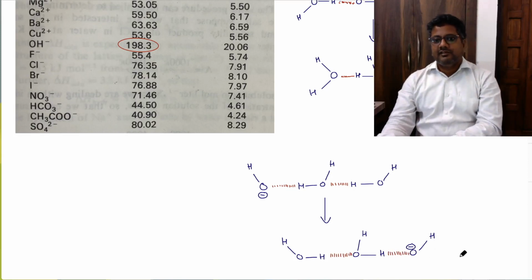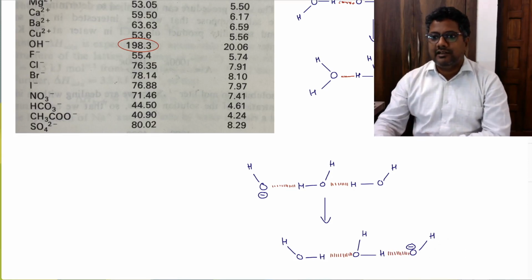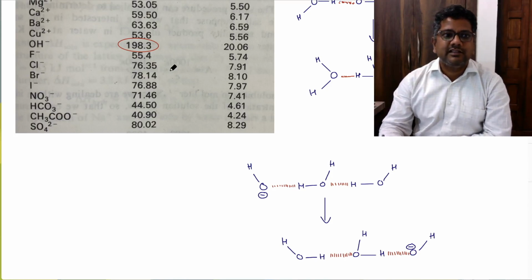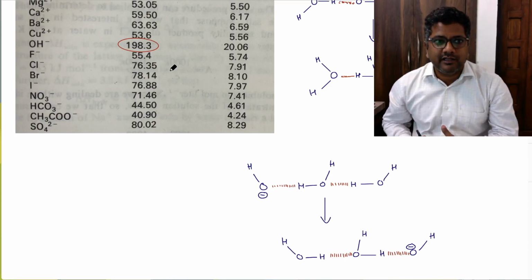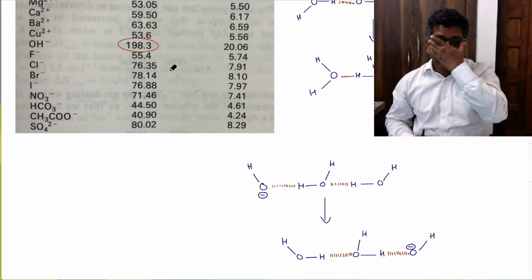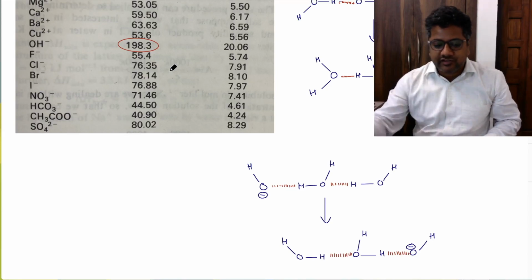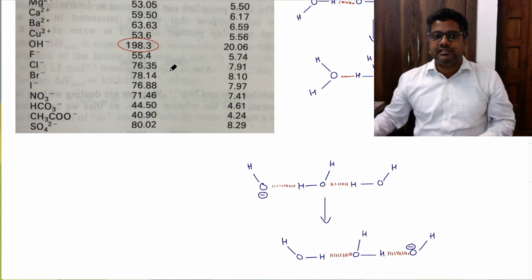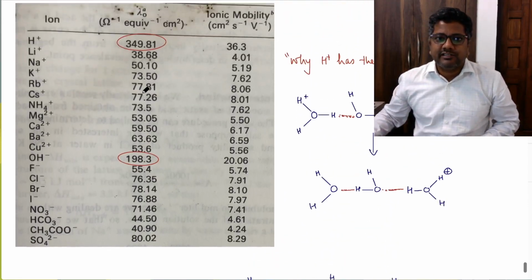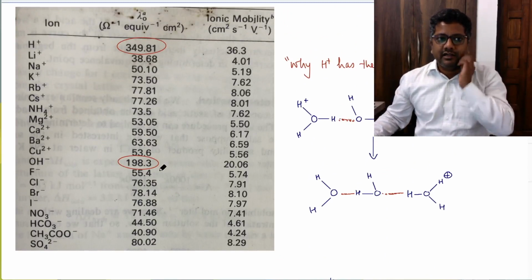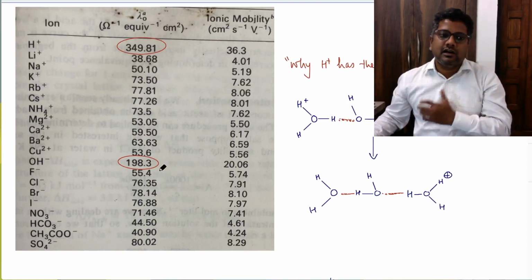So this is the method by which H plus and OH minus have the highest ionic mobility. A hydrogen bond plays a very important role here in the migration of H plus and OH minus ions in aqueous medium. So this is the reason why H plus and OH minus have very high molar conductance or equivalent conductance or ionic mobility.